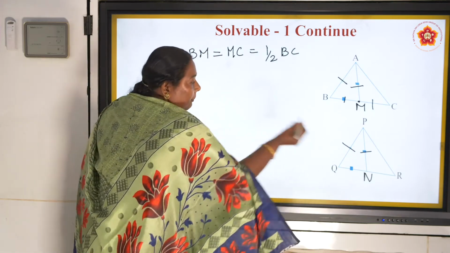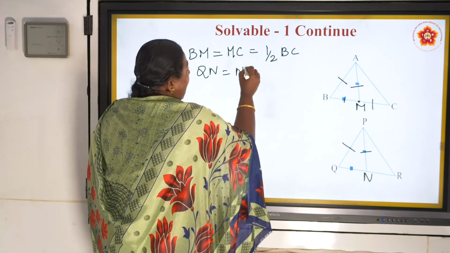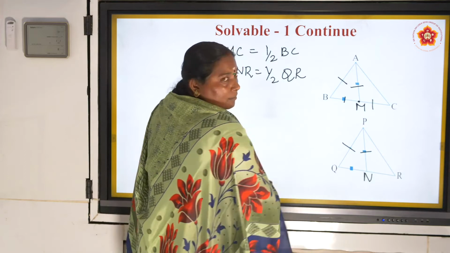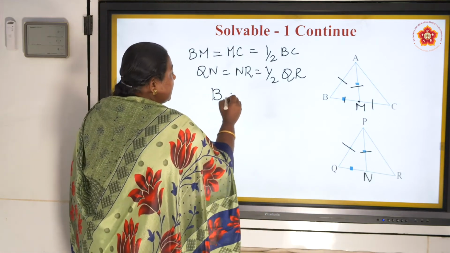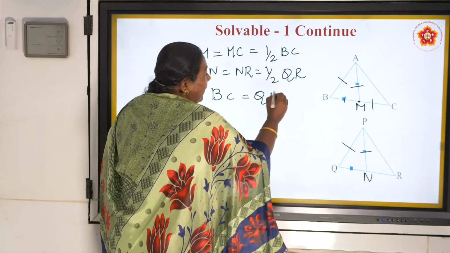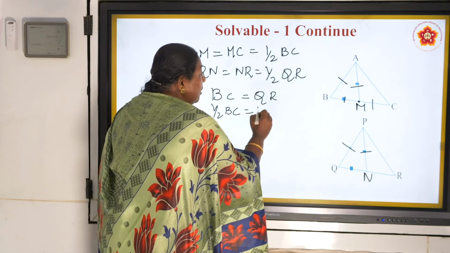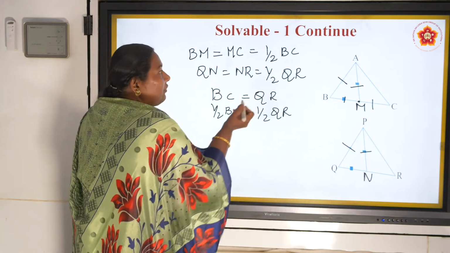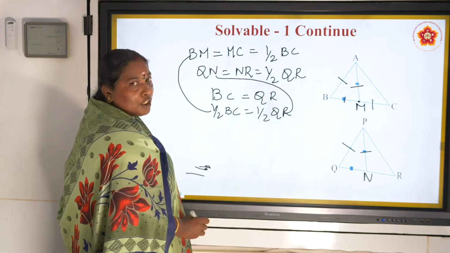The same thing applies here: QN is equal to NR is equal to half of QR. In the question they have given BC is equal to QR. Now half of BC should be equal to half of QR, that is BM and QN.